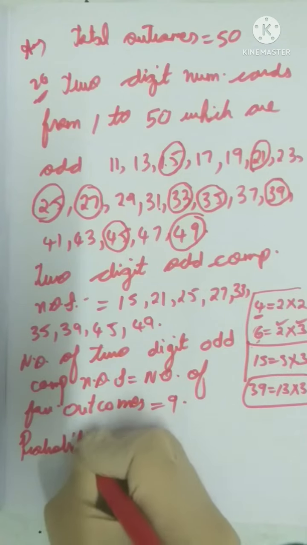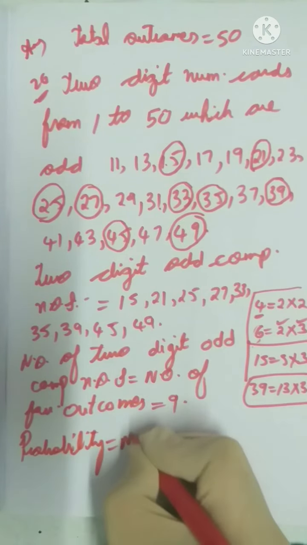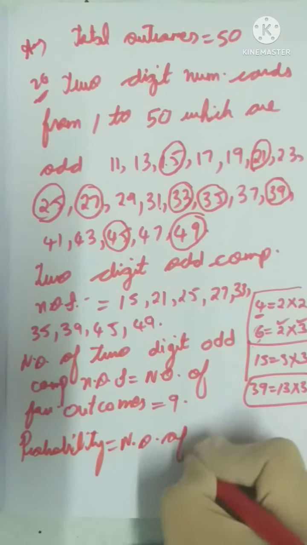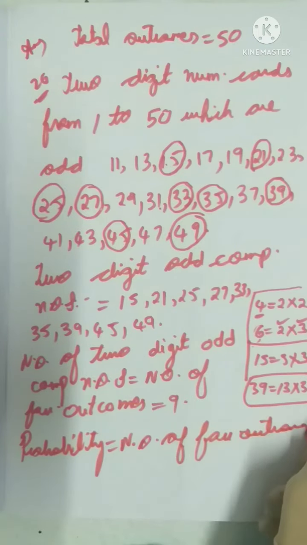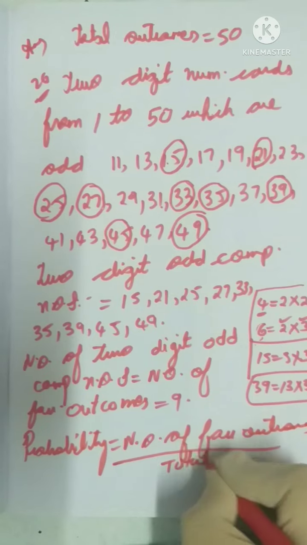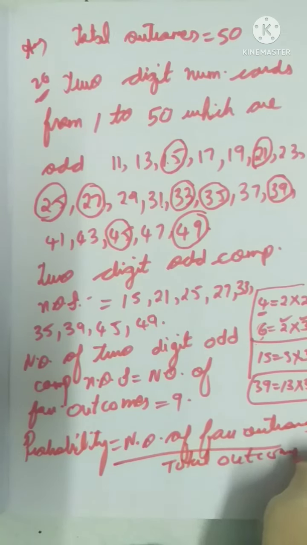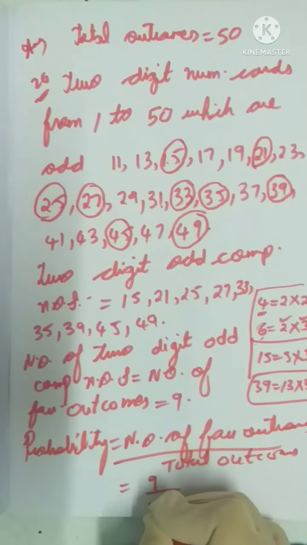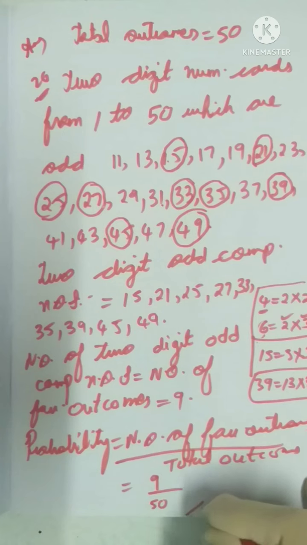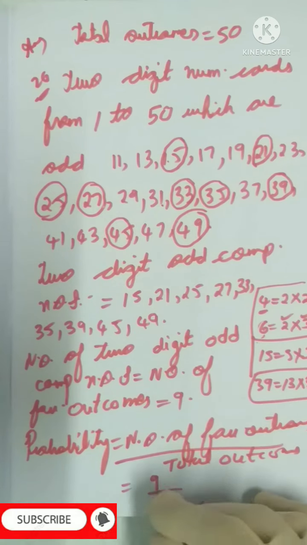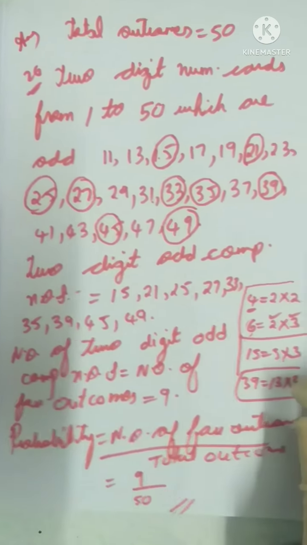Probability is equal to the number of favorable outcomes divided by total outcomes. The number of favorable outcomes we have here is 9, and total outcomes is 50. So the probability is 9 by 50. Now 9 and 50 are not divisible by any other number, so the answer is 9 by 50.